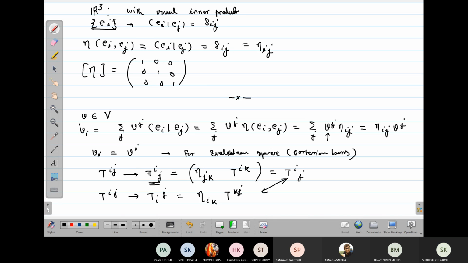Unless there is some other property, these two are not the same. Okay, similarly, suppose I give you a tensor, say of rank 1, T_ij.